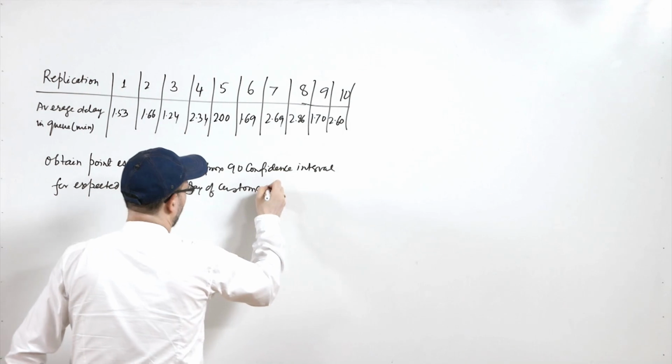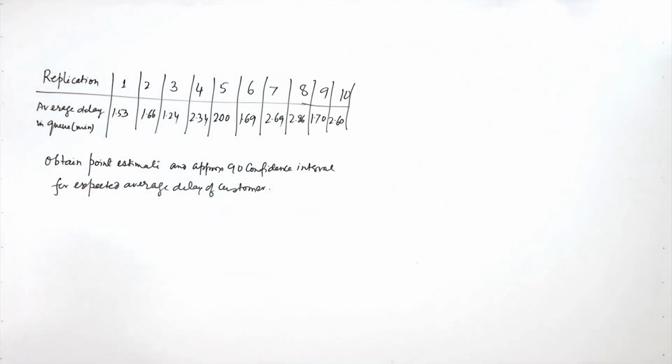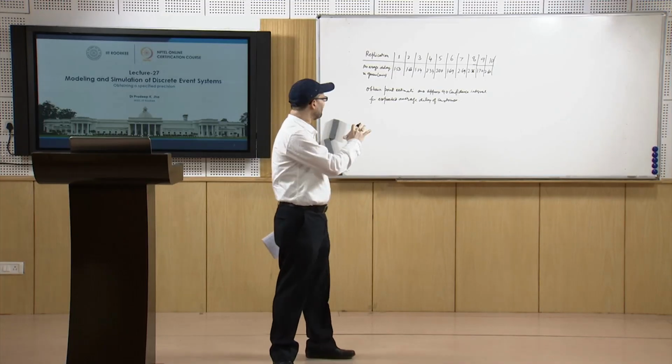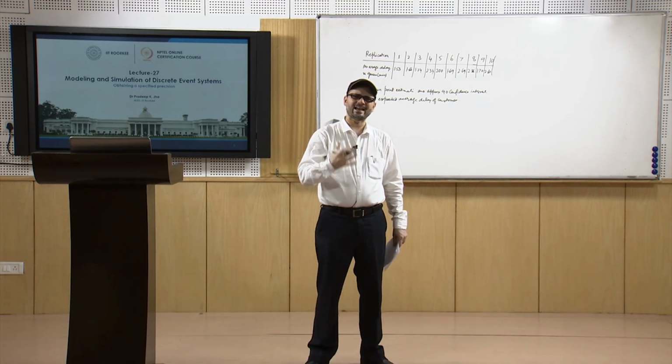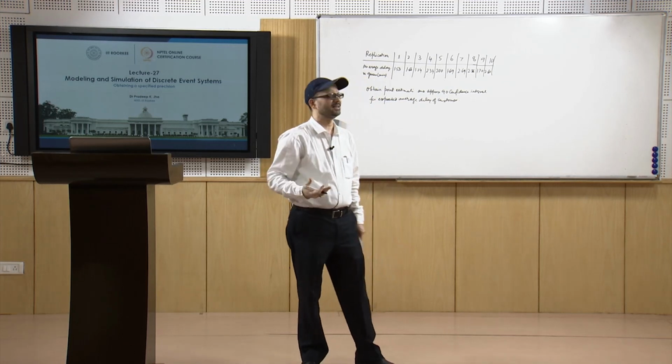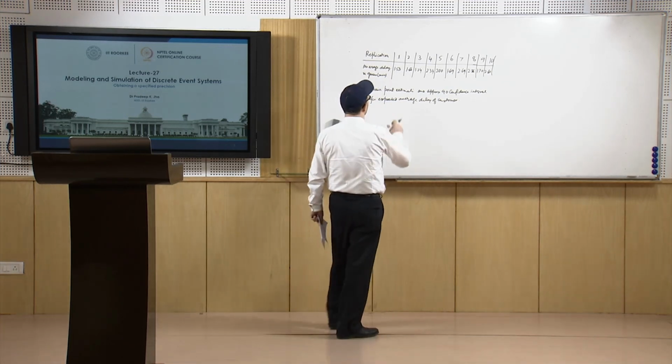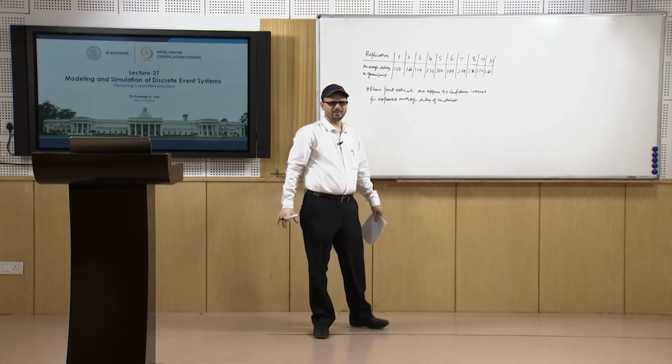This way you may be told that you have to give one interval, and in that, you can say with 90% confidence that the value will lie within that estimate.